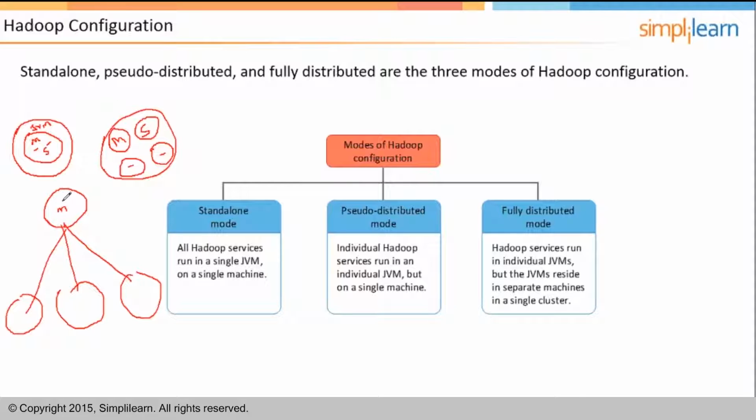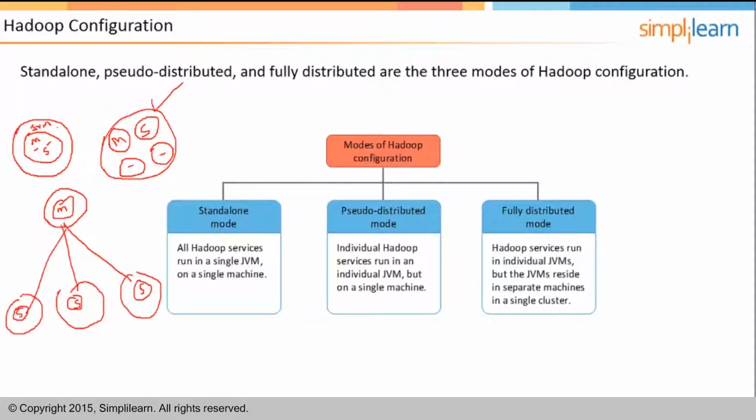So master will be running here in a separate JVM, slave will be running in these JVMs, and so on and so forth. Basically, this is how you define a fully distributed mode setup. This is pseudo distributed and this is single node cluster. So those are the three different ways of configuration.